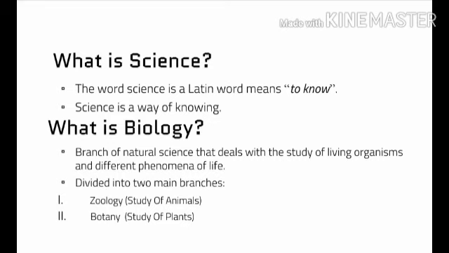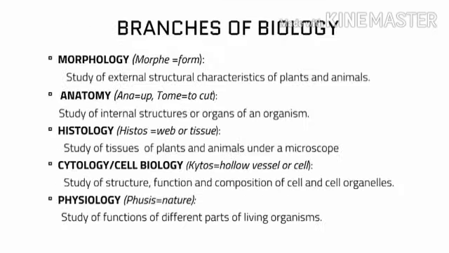Now, there are many other branches of biology, and these main branches are: number 1, morphology. This branch deals with the study of external characteristics of plants and animals.